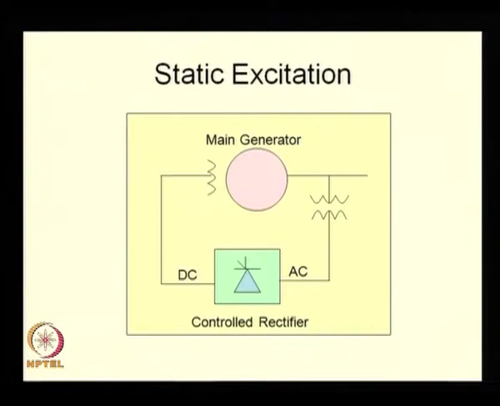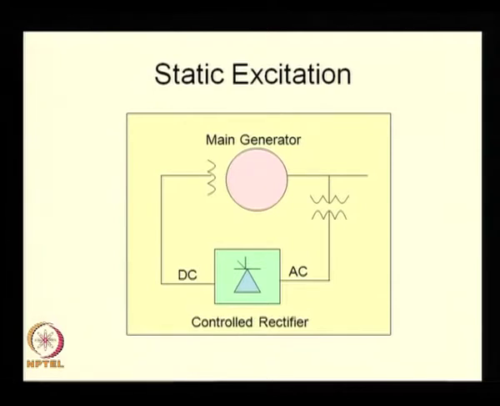What you have here is the voltage which appears at the terminal of the main generator, the generator which we are studying, rectified after stepping it down by a controlled thyristor based rectifier, and then the DC value is fed to the field of the generator. Remember, this is a controlled rectifier, so I can control the DC value. This is one way you can excite a generator.